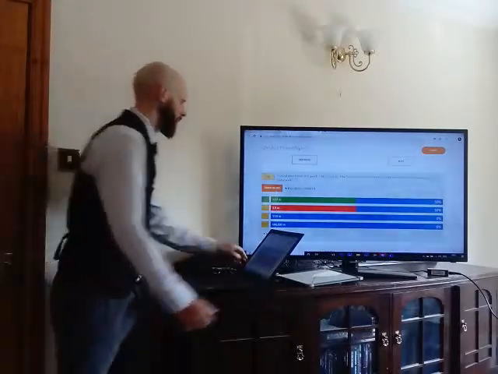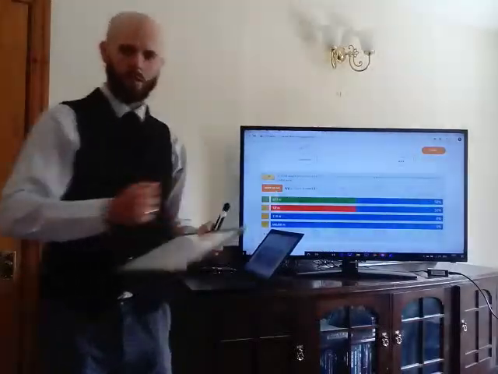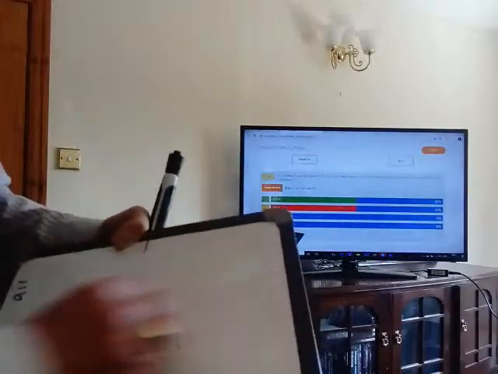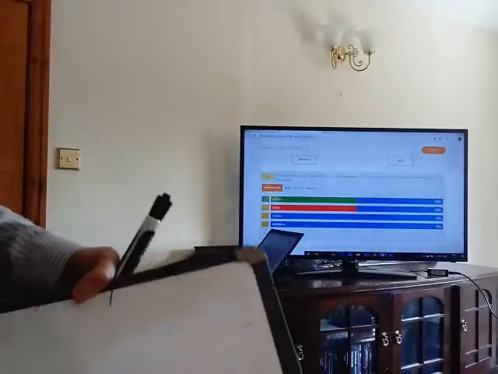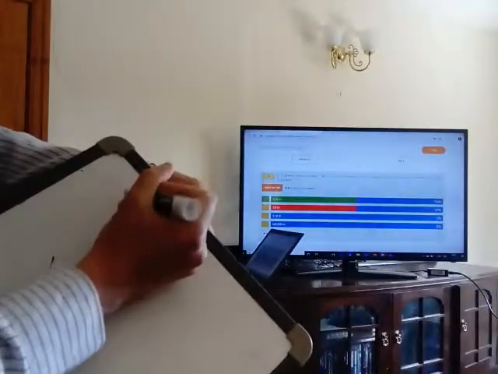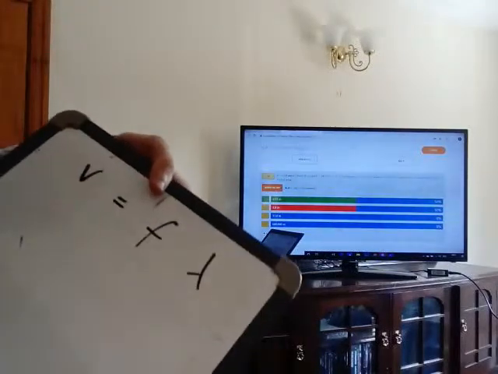This is one where we have to employ the equation wave speed equals frequency times wavelength, which I'll write in its shortened form now: V equals F lambda.